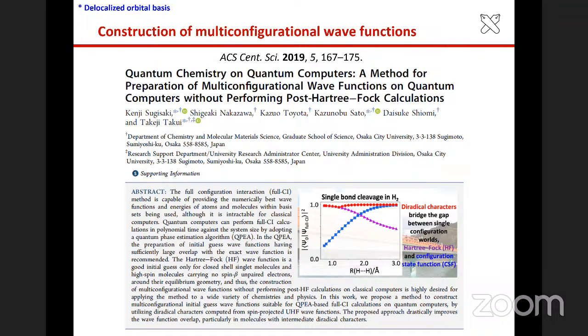So here we can use the Hartree-Fock state as an input for QPE, and in this region we can use the configuration function. So how about somewhere in between? In this paper, I described how to generate a good initial wave function for QPE in this region.